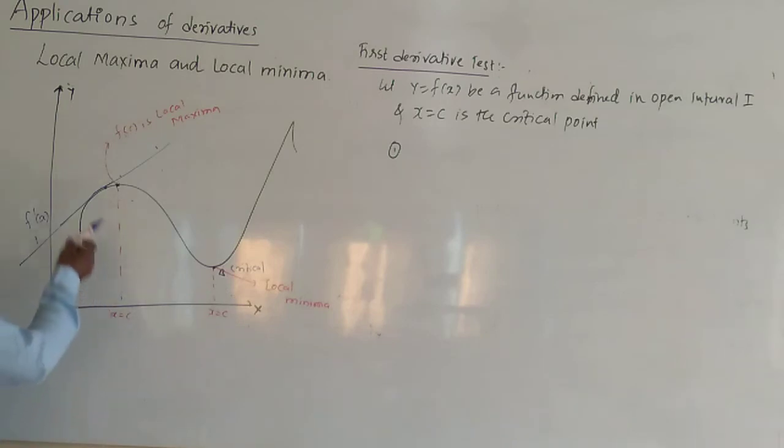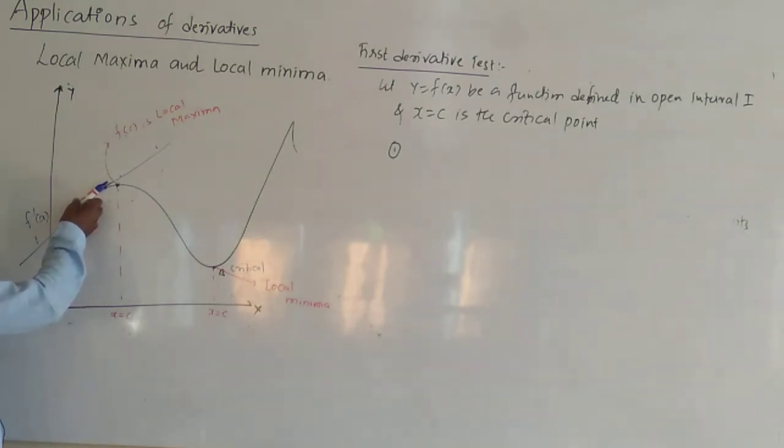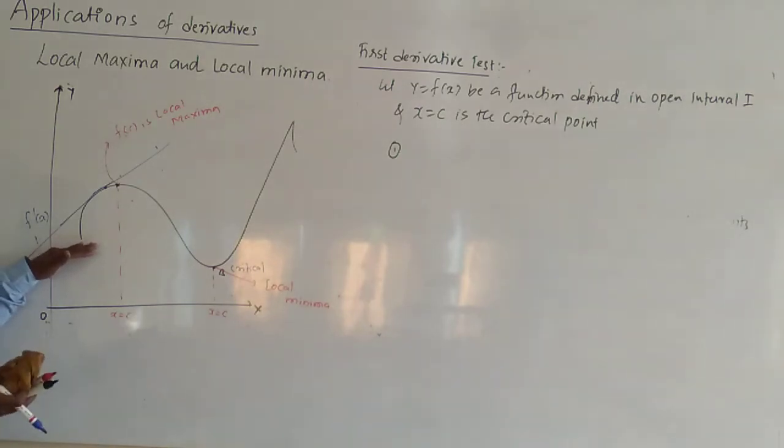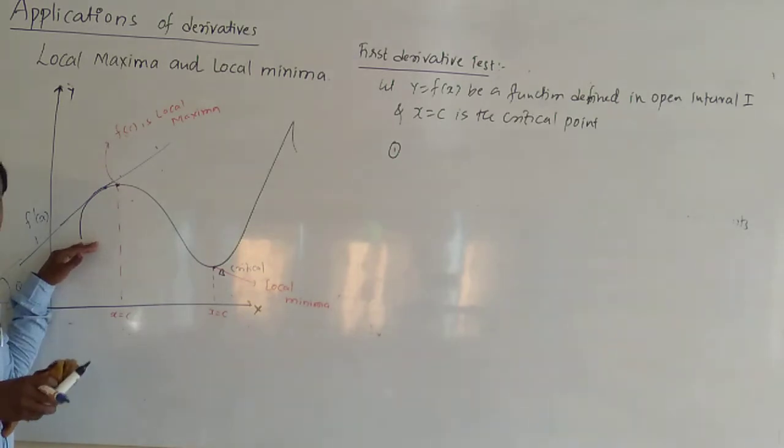This tangent makes an angle theta with the positive direction of the x-axis, and this angle is an acute angle. Acute angle means clearly tan theta lies in the first quadrant, where tan theta is positive.